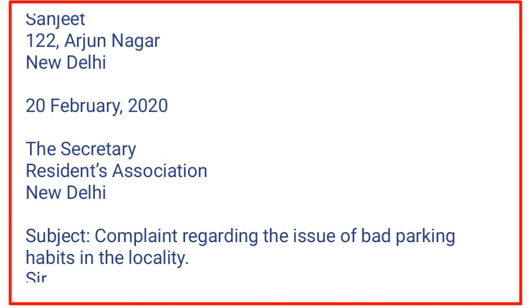But in case of subject, we should mention the word subject, then write the subject like given. Write the subject of your letter in simple line. Maximum one sentence should be there. Try to write everything in small phrases. So this is how a subject should be.